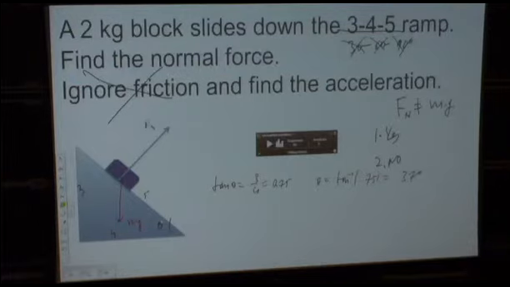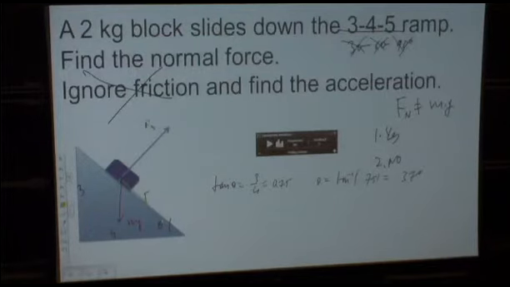The force of gravity has two components. One component of the force of gravity is parallel to the surface, and the second component is perpendicular to the surface. We could have used the normal force, but trust me, it's faster and easier to break down the force of gravity into components.